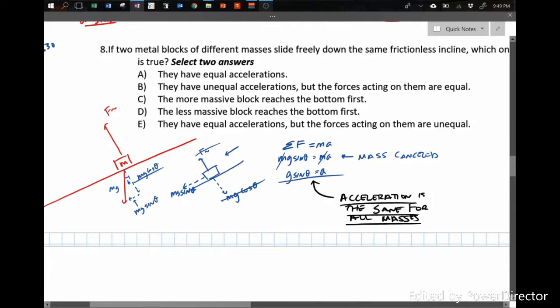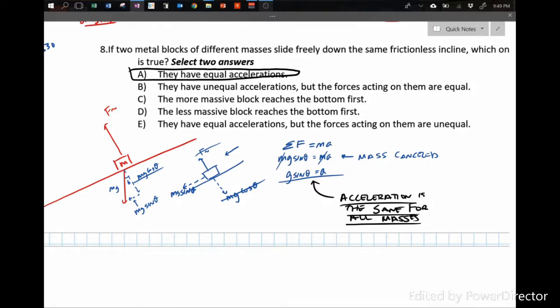So regardless of the fact that these two different massed blocks slide down the plane freely, they both will have the same acceleration. Their acceleration down the plane does not depend on their individual mass, just on the angle of the plane.